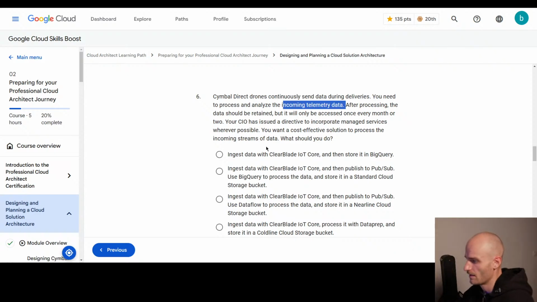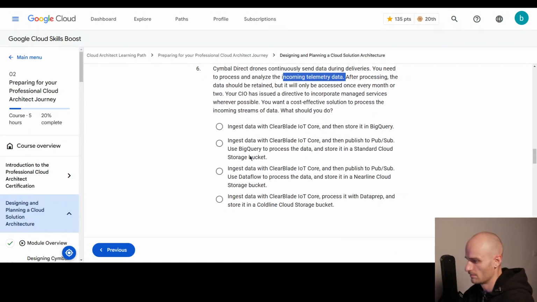Okay. Wow. Ingest with Pub/Sub, and then store it in BigQuery. So to ingest, we always ingest with Pub/Sub, which I'm not sure what it is. Okay, so this one is not.